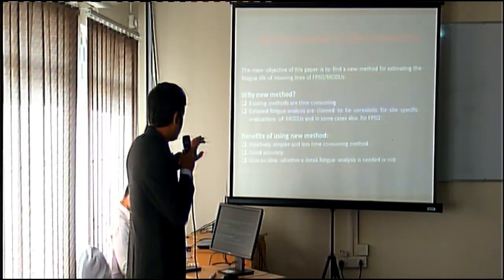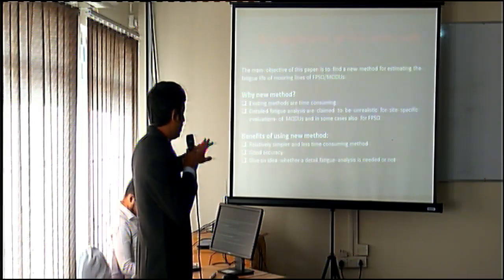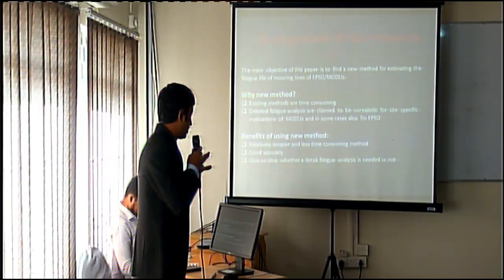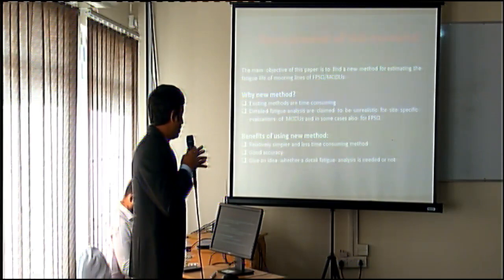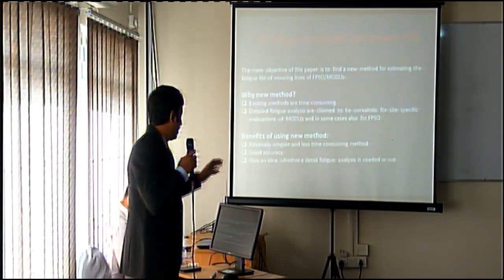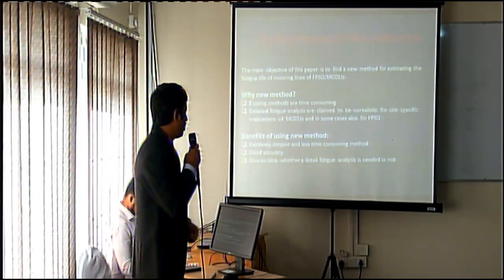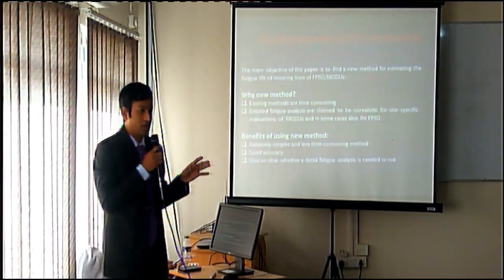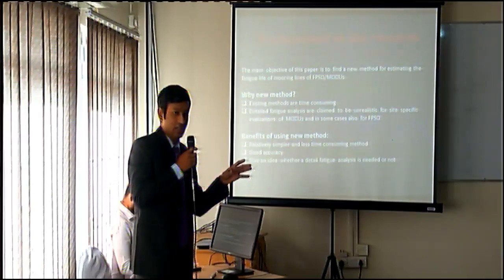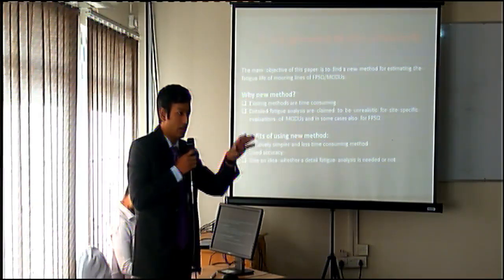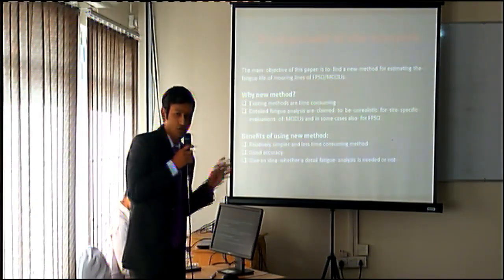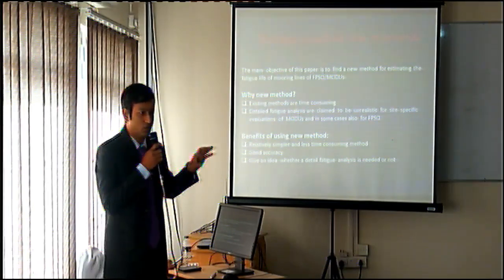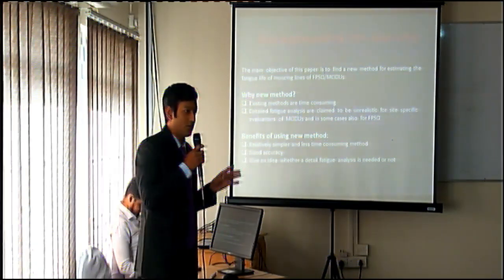You can also see that in offshore, some structures like the FPSO and mobile offshore drilling units, MODU, are not always operated in the same location. They tend to travel from one place to another. So the fatigue analysis for those is not that realistic due to the lot of time required for the analysis.